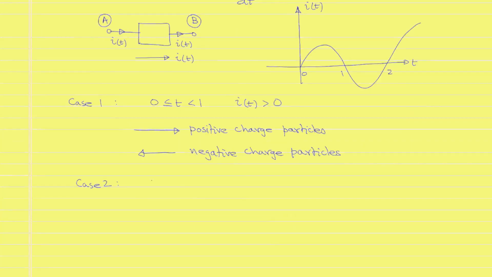In the second case, when the current is negative, which is during the time interval from 1 to 2 seconds, I of t is less than 0. What this means is that the positive charge particles are actually flowing from B to A, or equivalently, negative charged particles are flowing in the opposite direction.